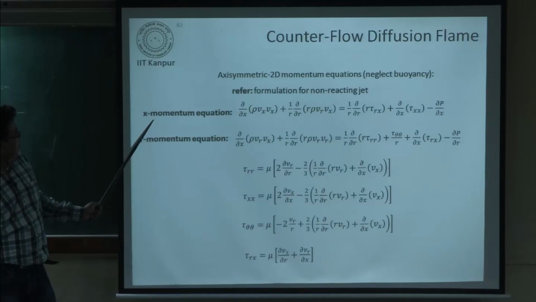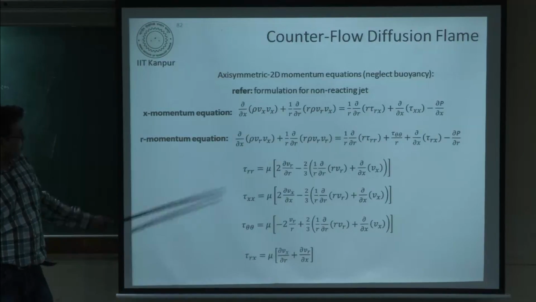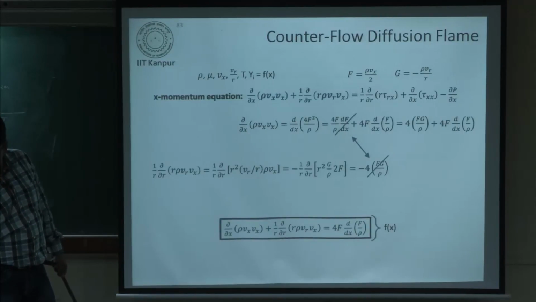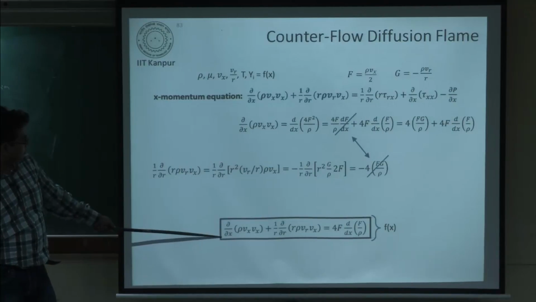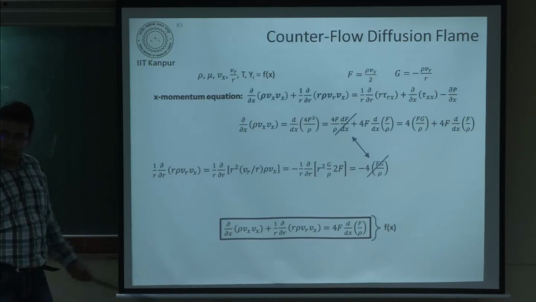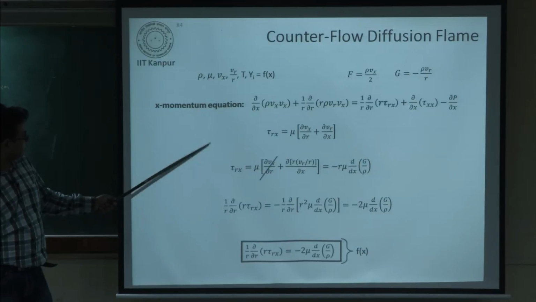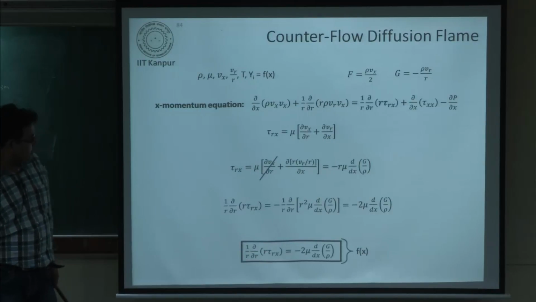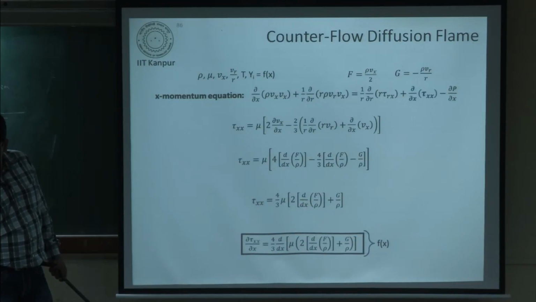You need to write the x momentum equation and the r momentum equation, where all the stress terms are there, and then you will get one expression like this for the axial and the radial advection terms, and then you can do the x momentum equation terms like these. So I will skip through.